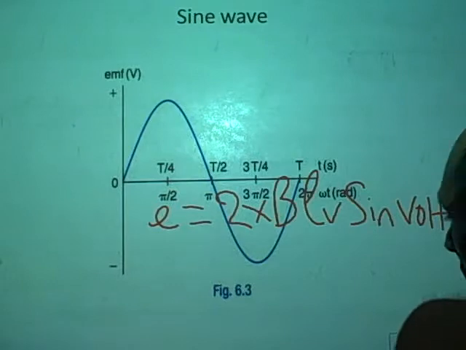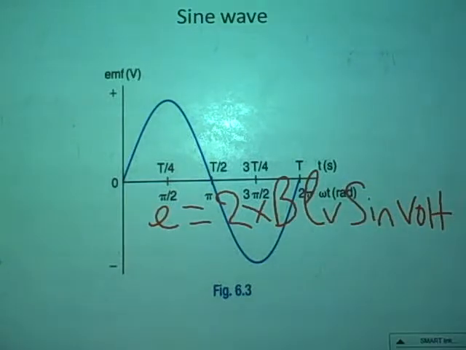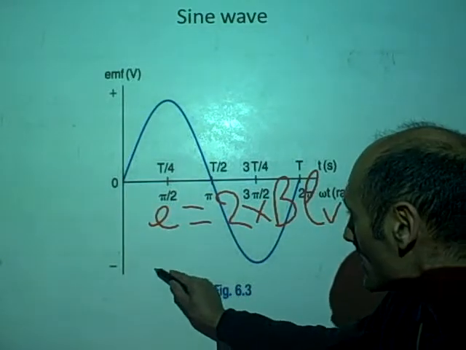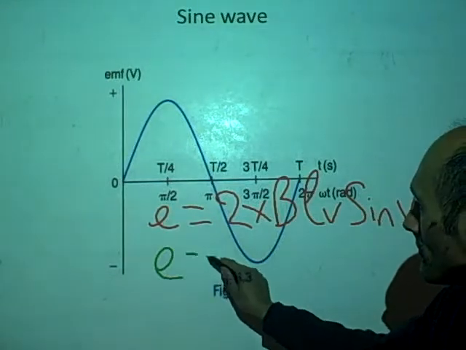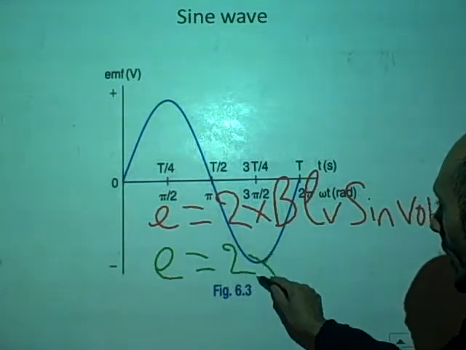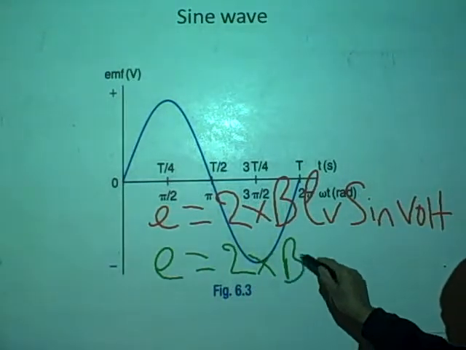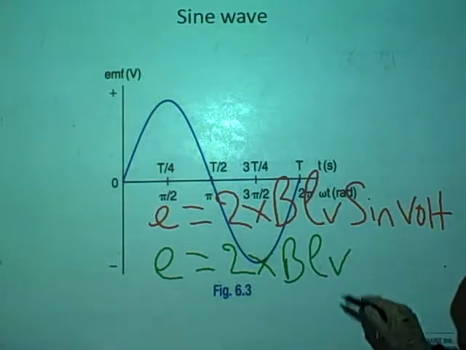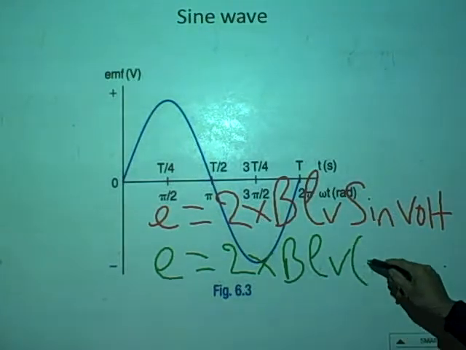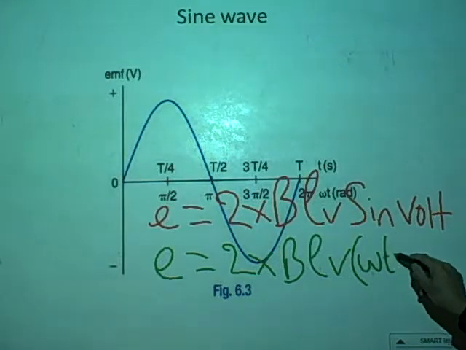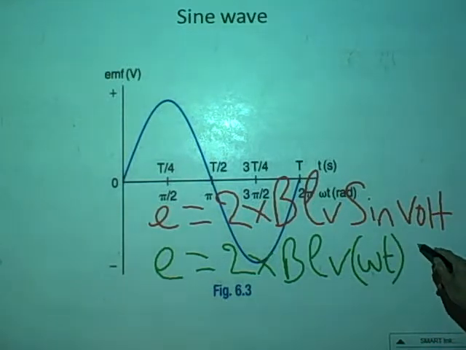Or we could say in radians, that's in degrees, or in radians, I write radians in green, E equals 2 times B L V, angular velocity time, sin.